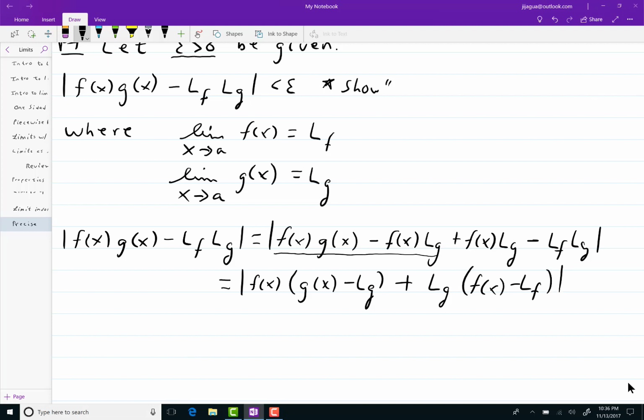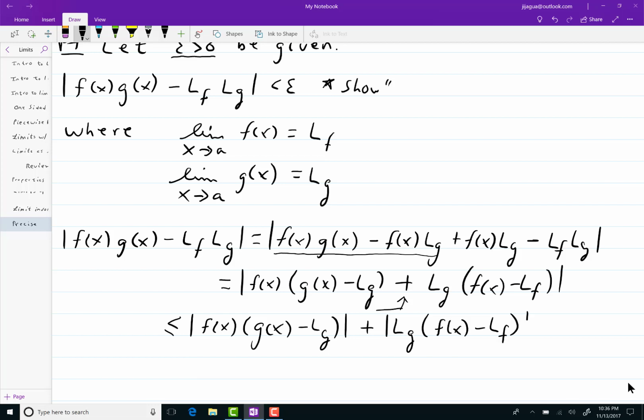in absolute value. Now, the triangle inequality allows me to break up the absolute value according to that plus sign, and then we get less than or equal to the absolute value of f of x times g of x minus L_g plus L_g times f of x minus L_f.